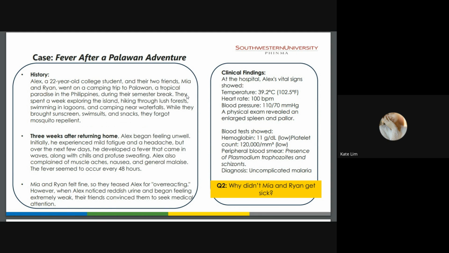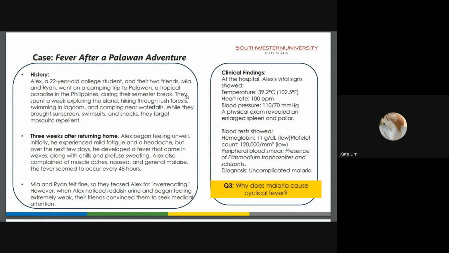So meaning people who lack the Duffy antigen are resistant to Plasmodium vivax infection. So if Mia or Ryan lacked the Duffy antigen, they might have been immune to the parasite. So that would be another reason.